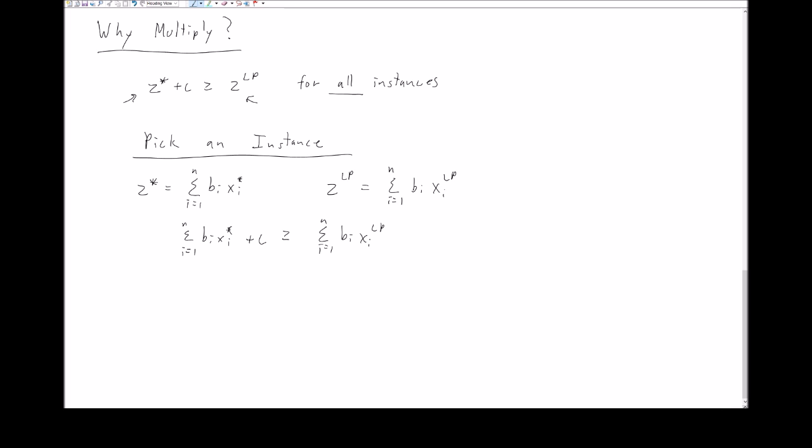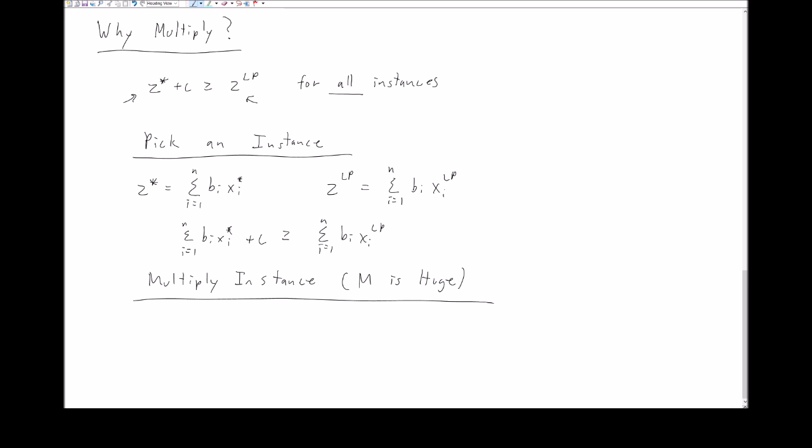What we can do is we can now take this instance and multiply it by some huge number that we're going to call capital M, and M is going to be huge. If we multiply our instance, the same integrality gap is going to hold.